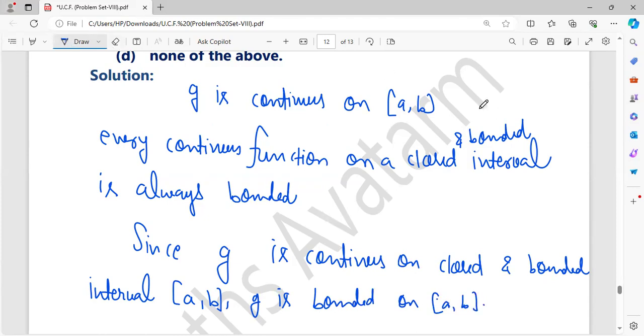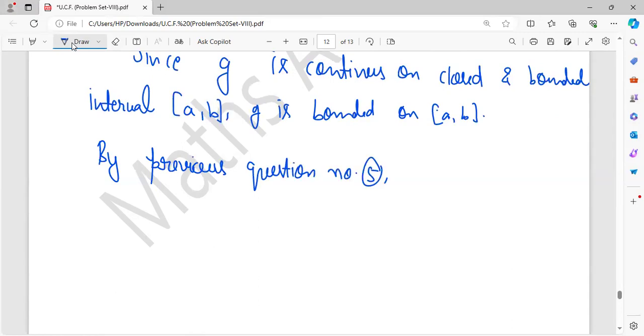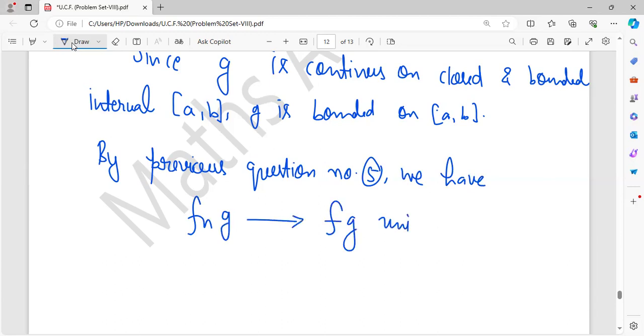Now by previous question number 5, we have Fn into G converges to FG uniformly on [a, b].